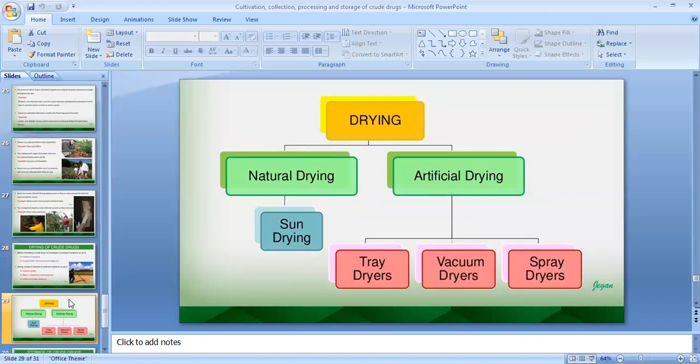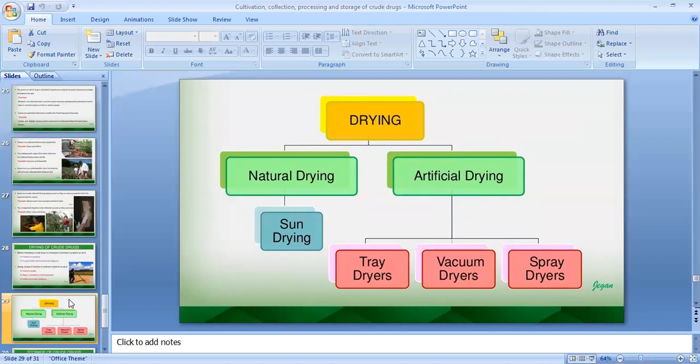There are many methods for drying the crops and herbs, and we will see about the methods of drying. The first one is the natural method of drying, and the second method is artificial drying.